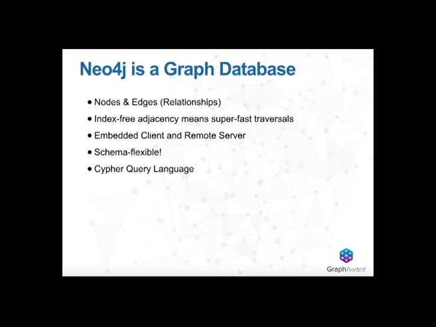Some people will tell you that they're schema free, but nobody really wants schema free because it means you can put any meaning on your data. Schema flexible really means that you can add things into your graph database easily without having to reconstruct your data models. And finally, Neo4j has got the most powerful query language for graphs out there at the moment, Cypher.